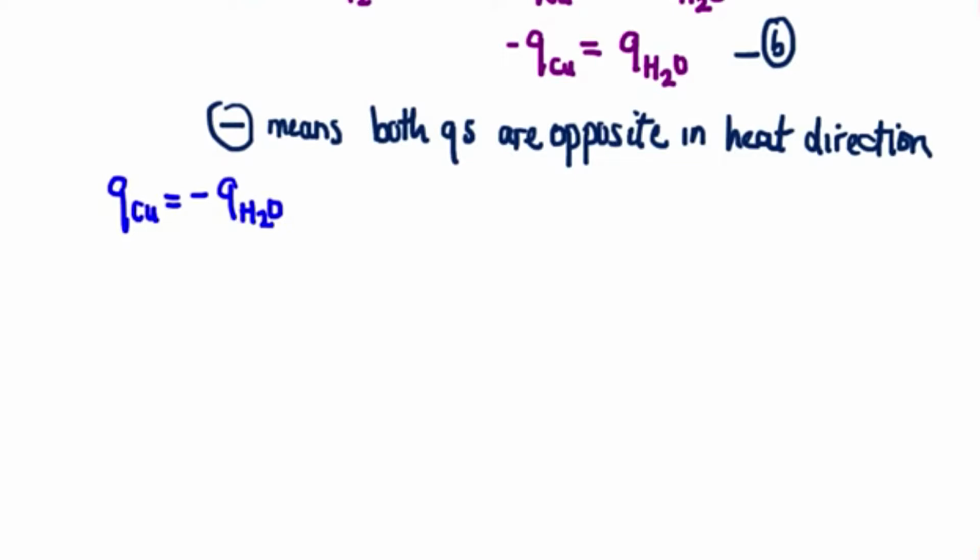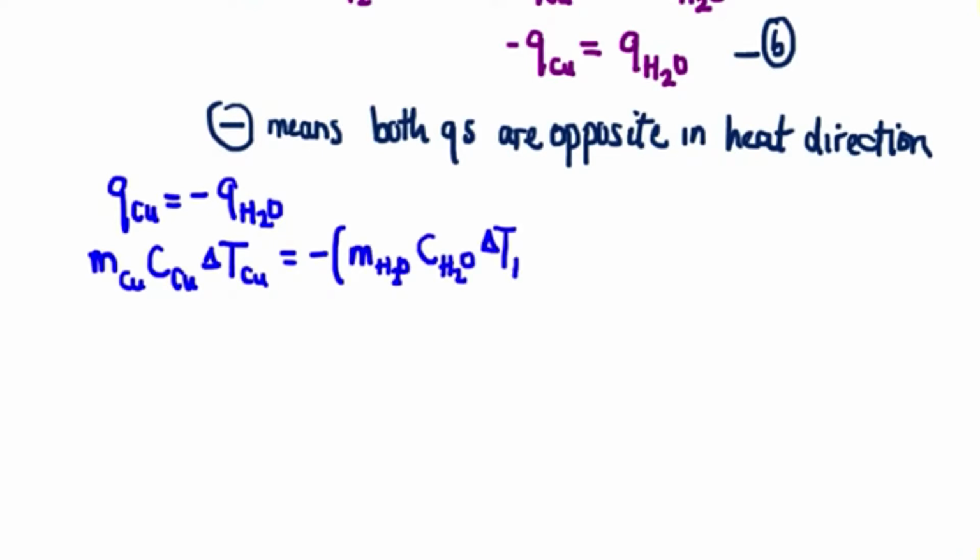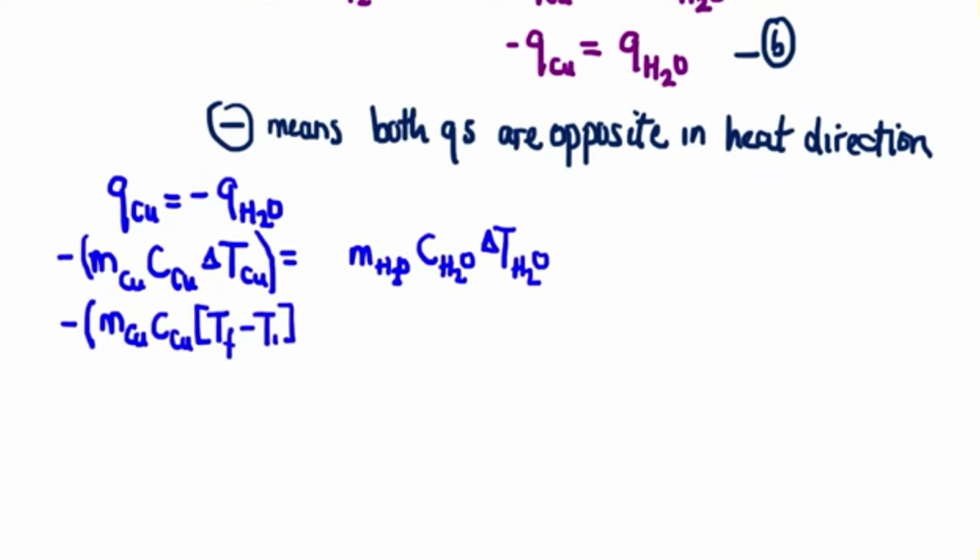Once you know that the heat is related to the mass, the specific heat capacity and the temperature change of both materials, copper on one side of the equation and water on the other, we put in our variables, indicating both the initial temperature and final temperature of copper alongside that of water respectively.